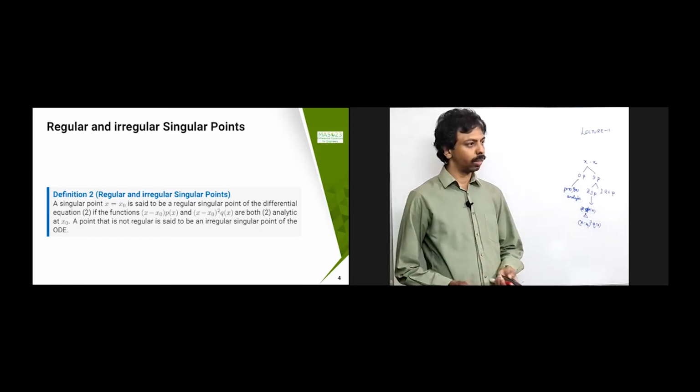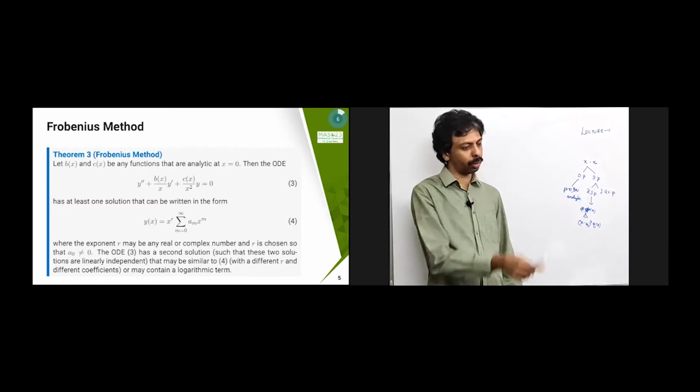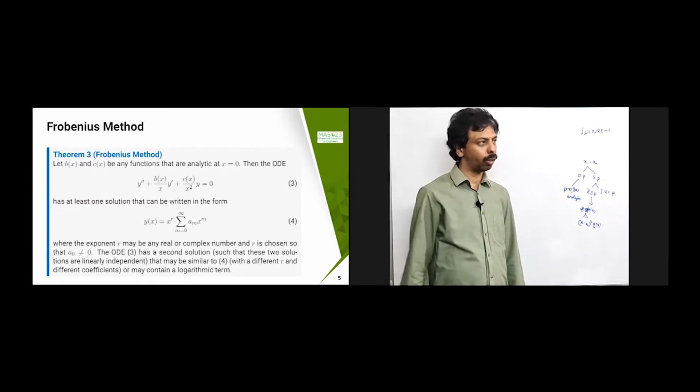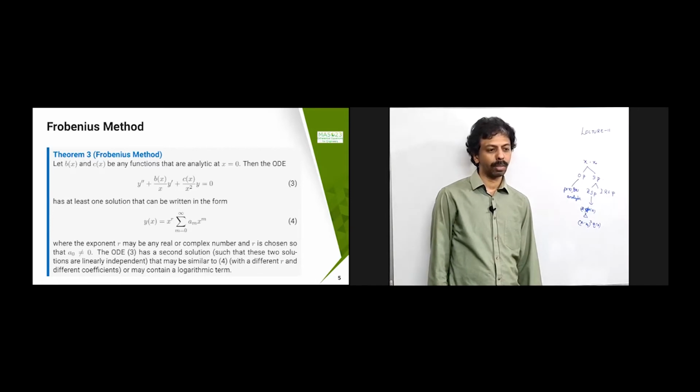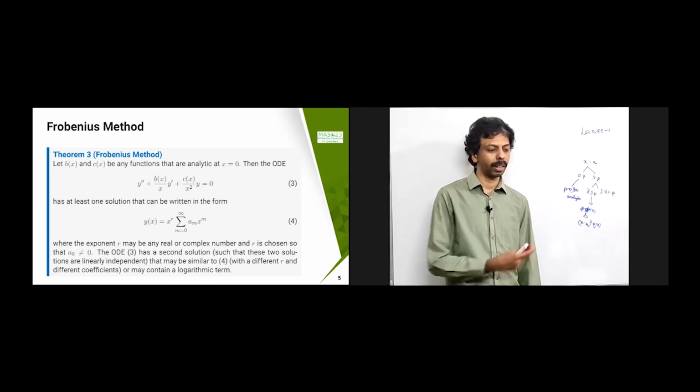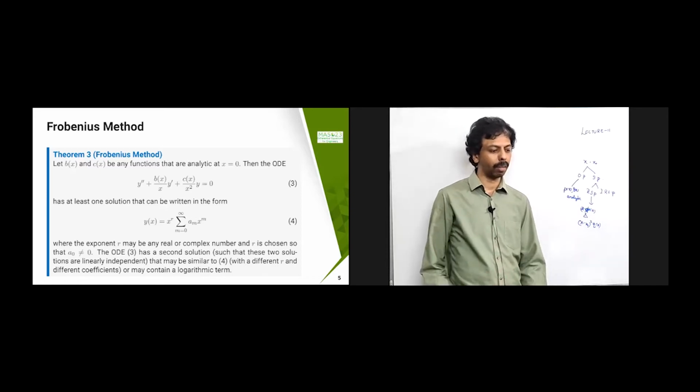Now next one, we have discussed the Frobenius method, where we defined this equation y double dash plus p of x by x into y dash plus q of x by x square into y equal to 0, where p of x and q of x are analytic at x equal to 0. Then we say that at least one solution can be written in the form y of x equal to x power r into summation a_m x power m, where r can be either positive or negative or a complex number, and you have to choose your r in such a way that a naught is not equal to 0.